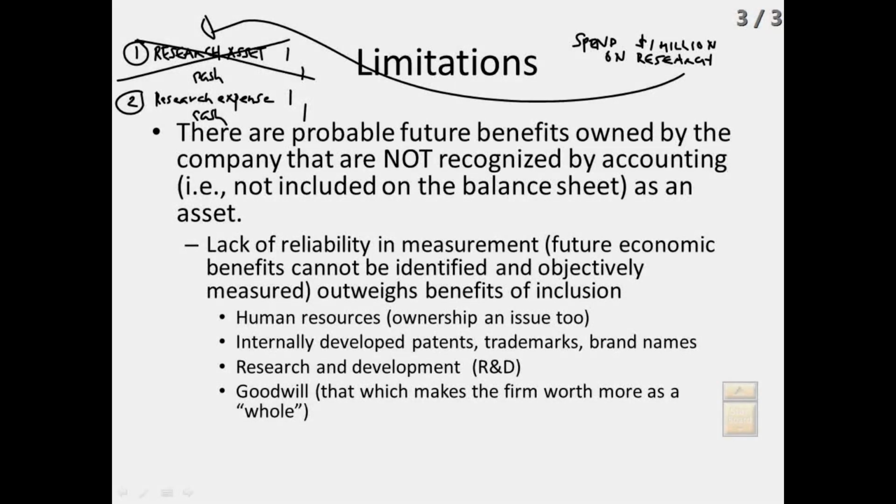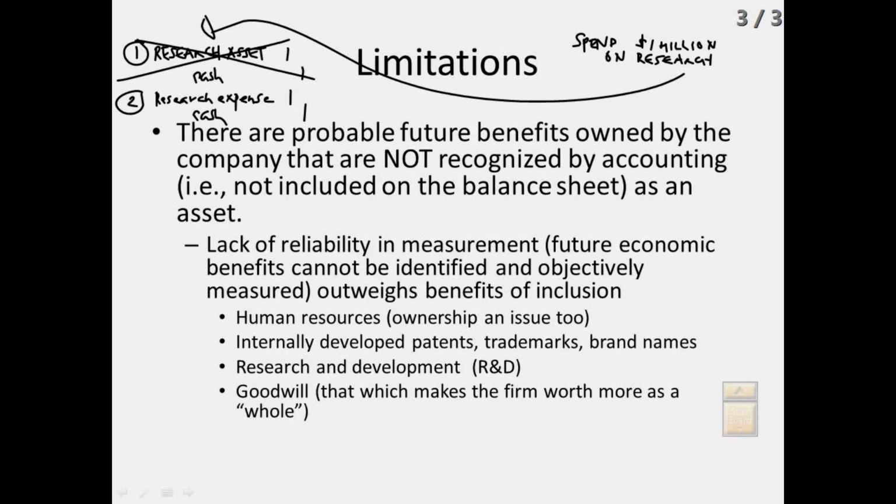That kind of stuff that you can't really measure, that makes the firm better than just all of the individual pieces, is called goodwill. If you develop that internally, we can't record it because we can't figure out what that's worth. The market is implicitly telling you, hey, we're willing to pay more or less for this company than all the individual assets, and so that's a measure of the goodwill.